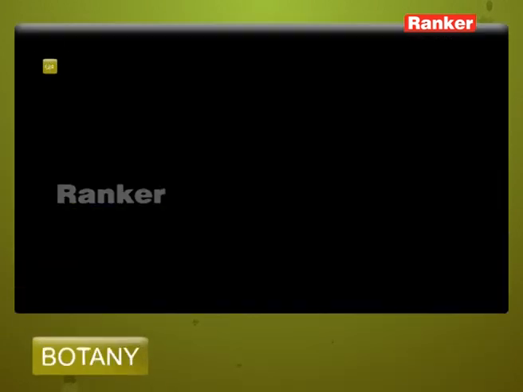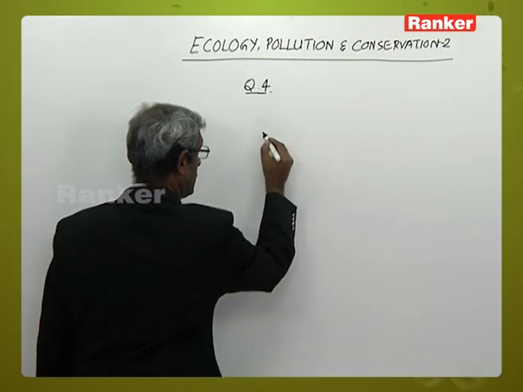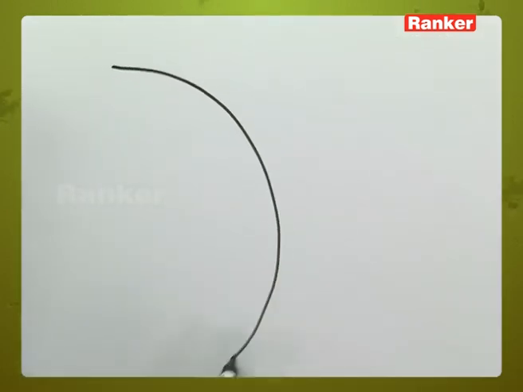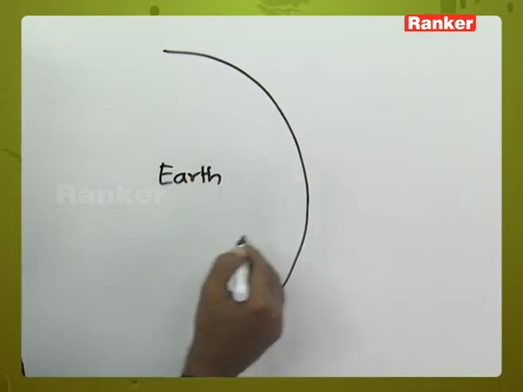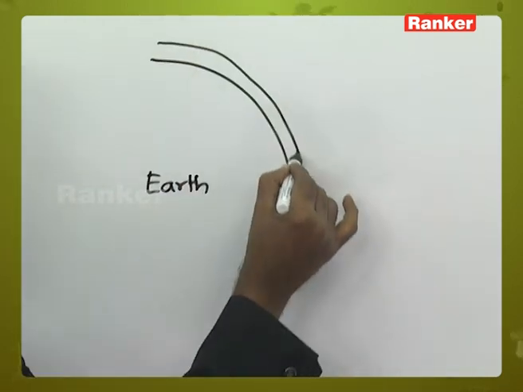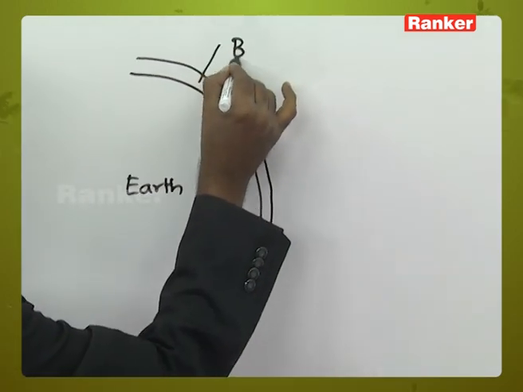Question number 4. The lowermost layer of atmosphere in which man and other living organisms exist is called A. stratosphere, B. mesosphere, C. thermosphere, D. troposphere. When we take the earth, the mantle of the earth where living organisms exist is termed as biosphere.